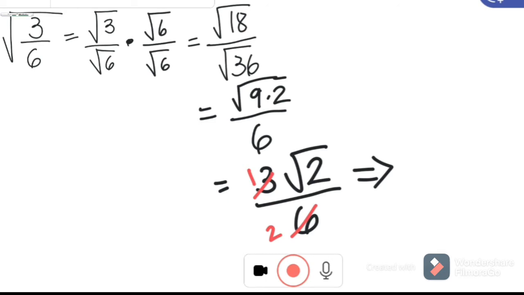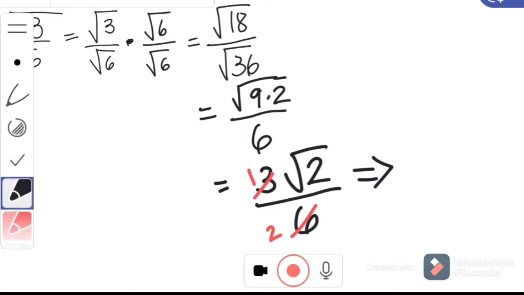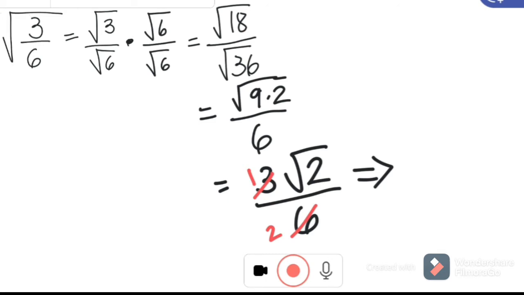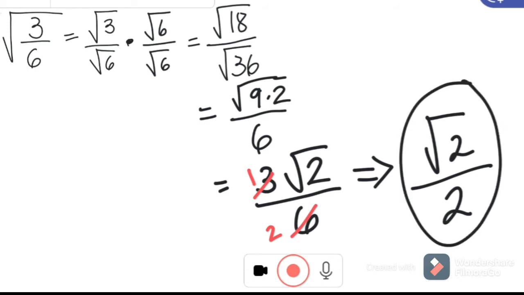So, as our final answer to this given, it will be 1 times square root of 2 is still square root of 2. And then in the denominator is 2. We cannot divide the numerator and the denominator in this given or final answer since one is with a radical sign and the other doesn't have.